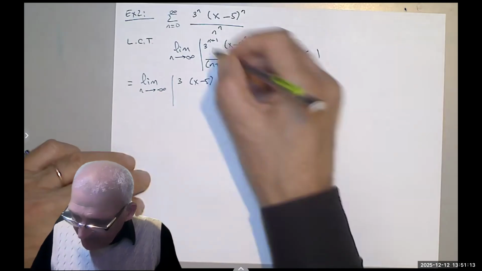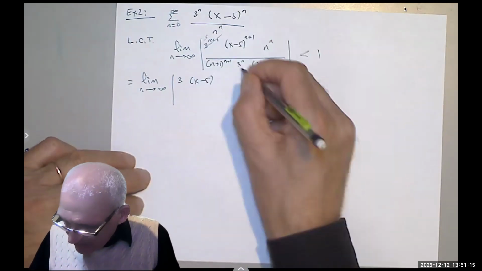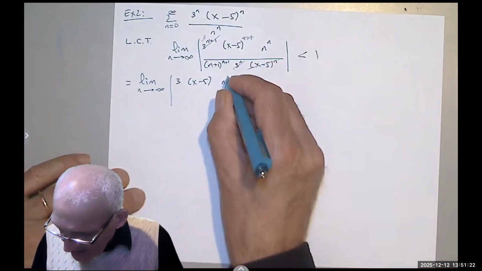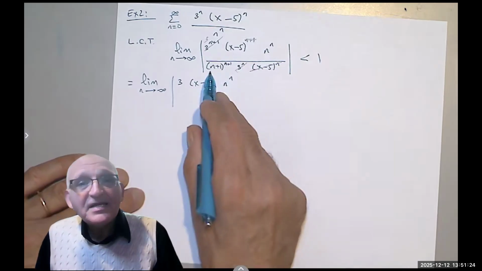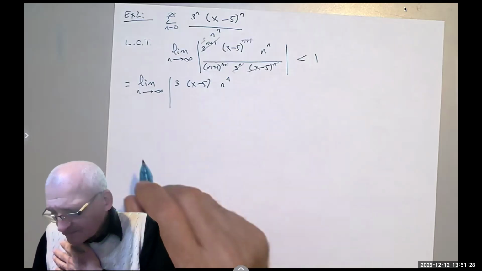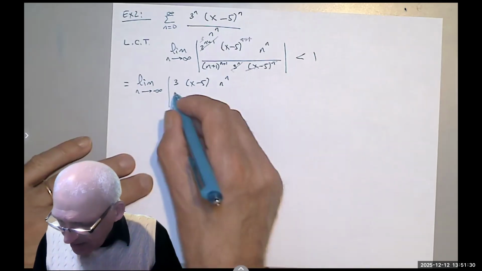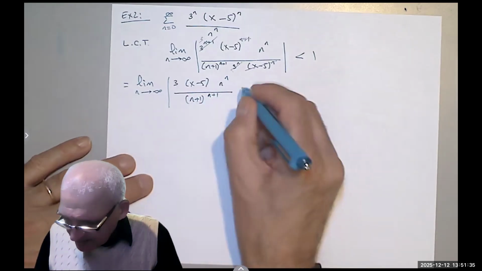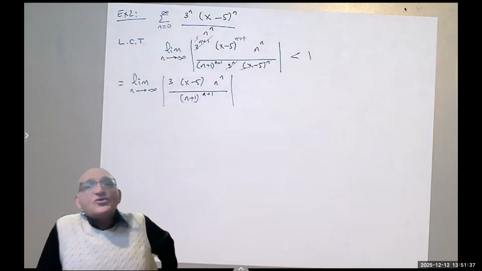So I simplified this with that, and now I have n to the n over n plus 1 to the n plus 1. Do you see that that will go to 0?